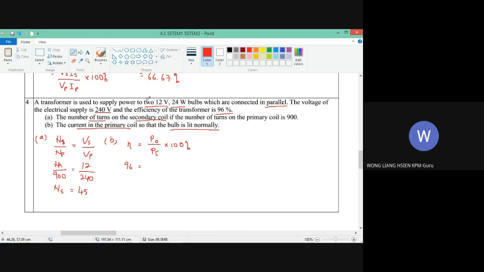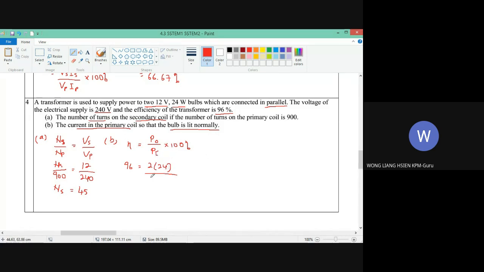You see, it says that there are two bulbs. Each bulb 24 watts, so the power output must be 2 times 24. Because it says the bulb is lit normally, that means the bulb gets 24 watts. One bulb 24, two bulbs 2 times 24, over power input.